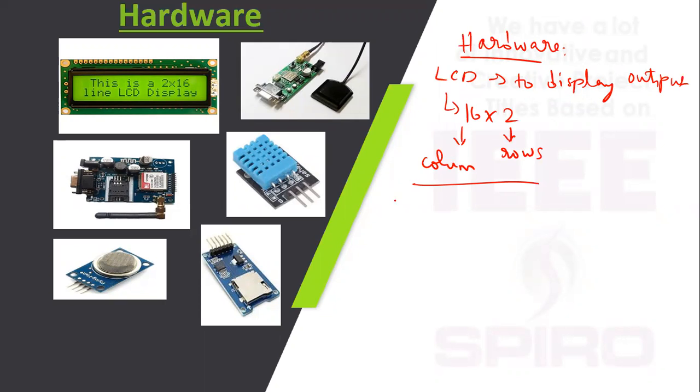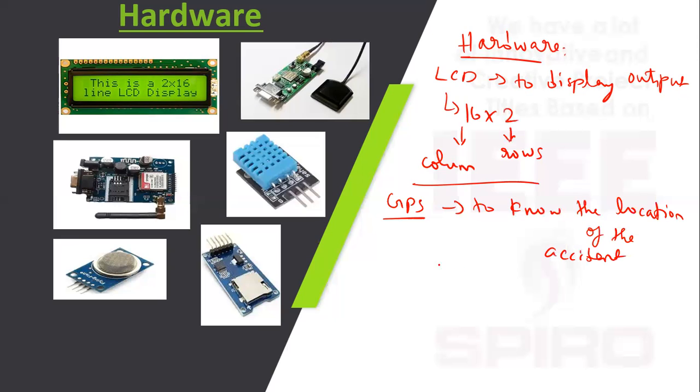The next one is GPS, to know the location of the accident. So we get latitude and longitude.